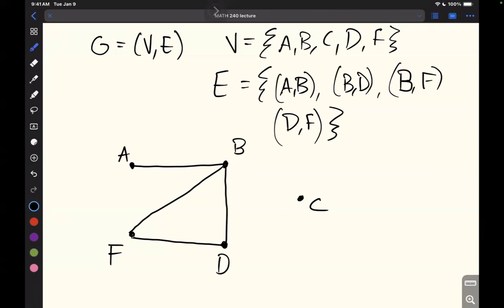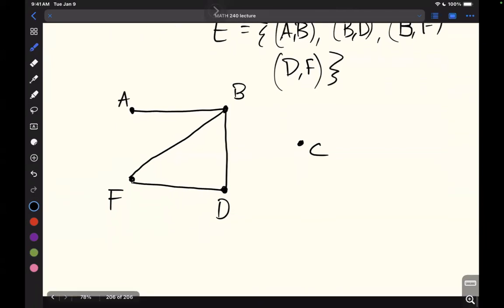All right, an assumption that we're making here is that when we write an edge, we require both things that define the edge to be distinct. So when we write D and F, we could not choose to write D and D. What that would do is make what we call a loop, which we tend to ignore.